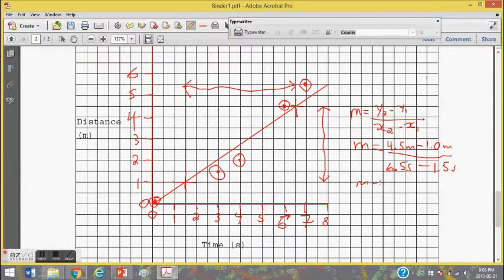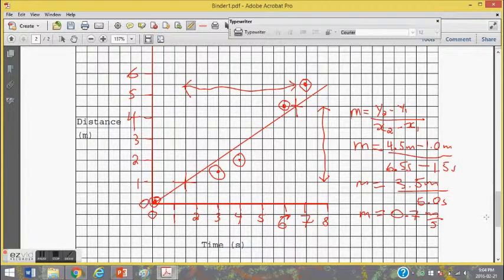And our slope then is going to be equal to 3.5 meters per 5.0 seconds, which means our slope, punch that into our calculator, divided by 5.0, and we are left with 0.7, keep the units, 0.7 meters per second.